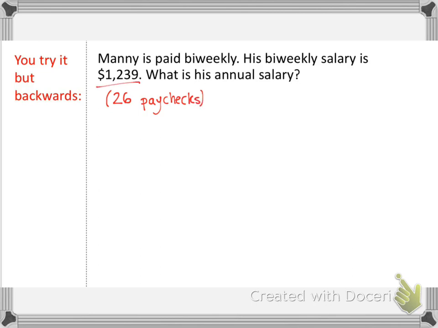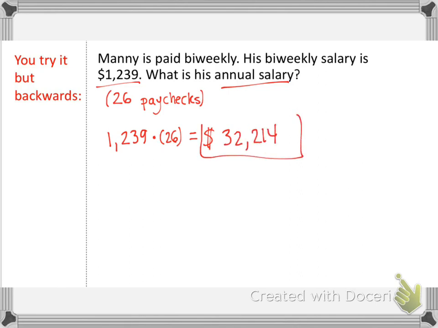So that means we're gonna take this 1,239, and we're gonna multiply it by 26. And that'll give us what his annual salary is. So we got 1,239 multiplied by 26 gives us the total of 32,214. Okay, so his annual salary is $32,214. All right.